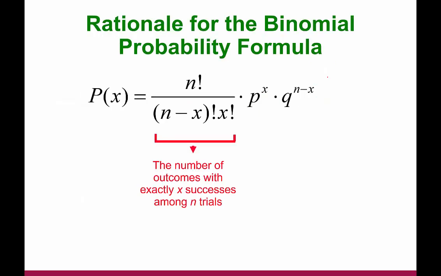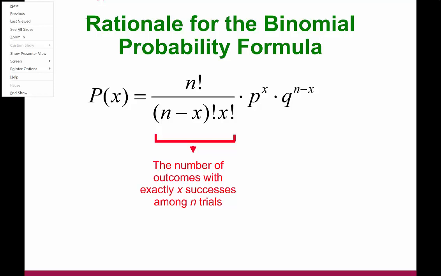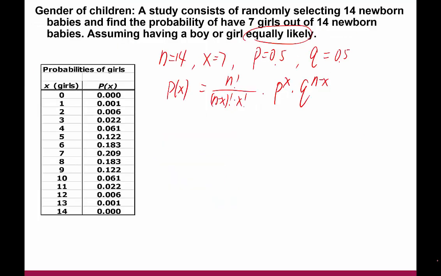Then we're assuming they are equally likely. Okay, so n is equal to 14, so 14 factorial over 7 factorial times 7 factorial times 0.5 to the 7th and 0.5 to the 7th. 14 minus 7 is also 7. We plug in all the numbers.